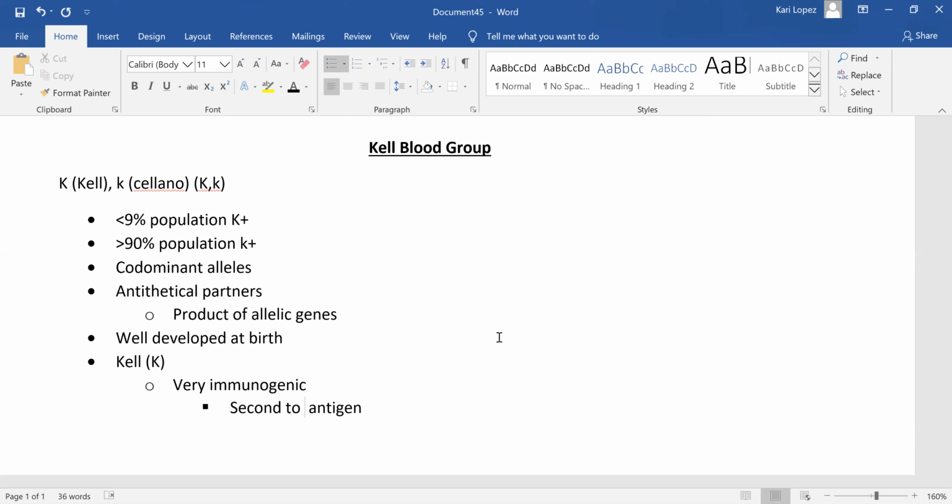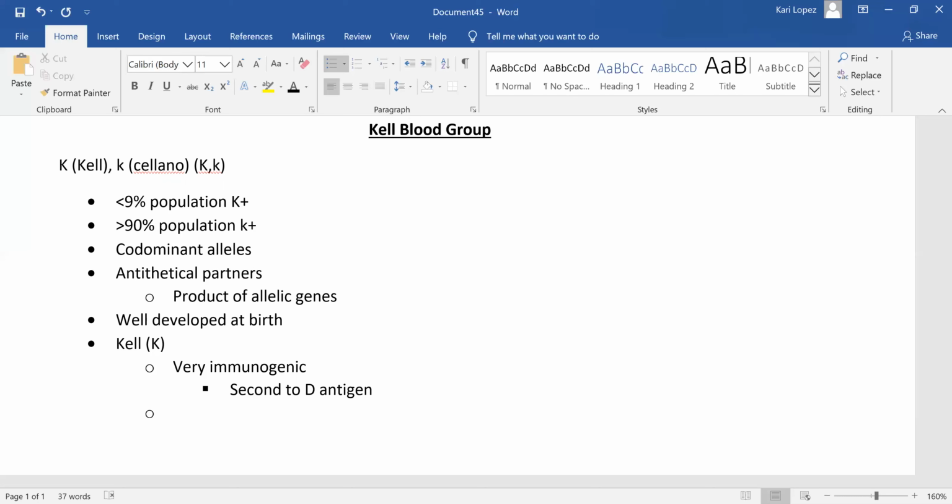Your D antigen is extremely immunogenic, which means, you know how your HDFN, your hemolytic disease of the fetus and newborn, is worse if you have a D incompatibility than if you have an ABO incompatibility. That's because D is more immunogenic than ABO.